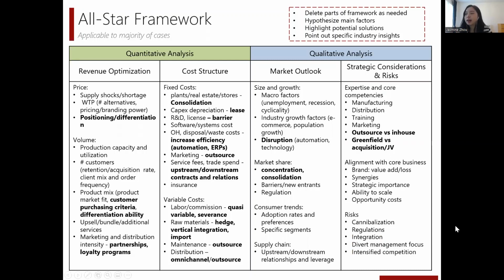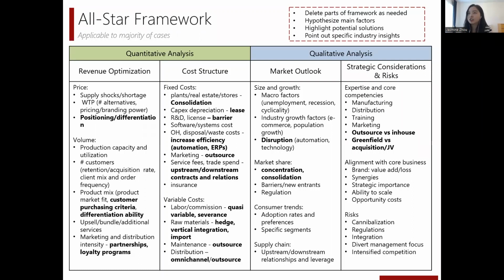And then the last bucket for this all-star framework is actually my favorite bucket, because it's almost like a bucket that if you don't know where to fit some of your points, they don't really fit into any of the other buckets. You can just put them into this bucket called strategic considerations and risks.